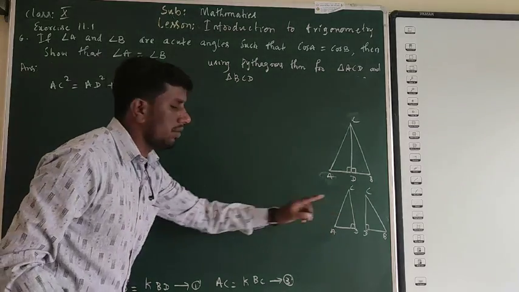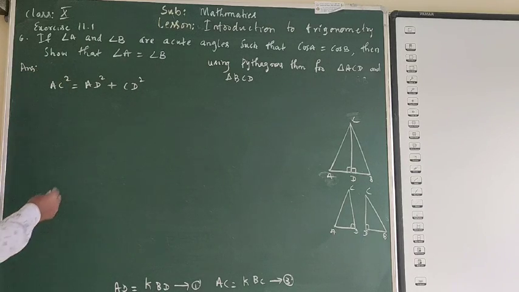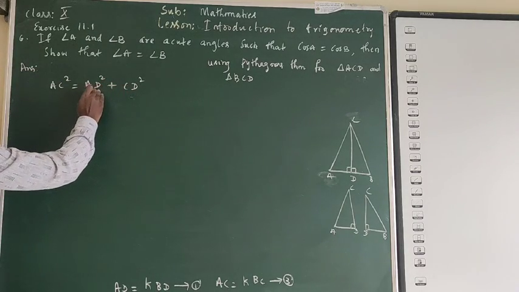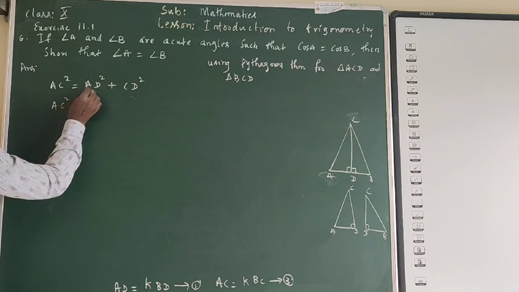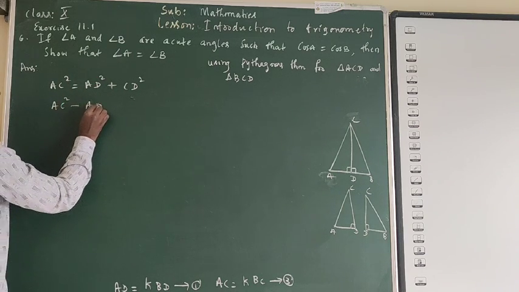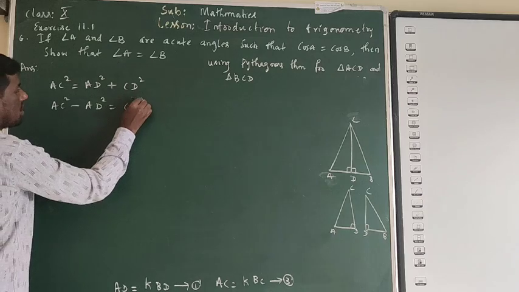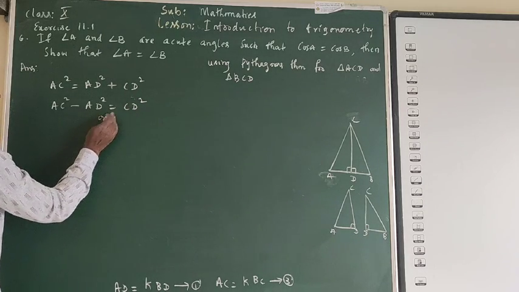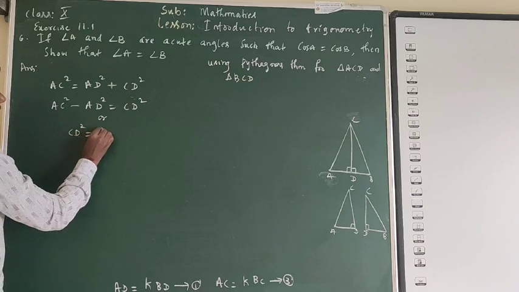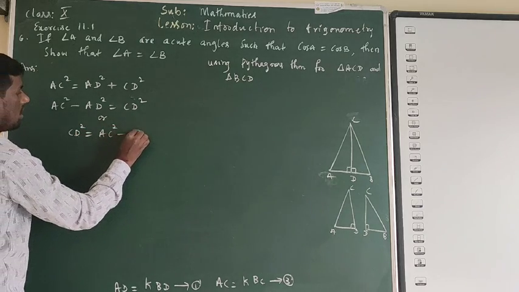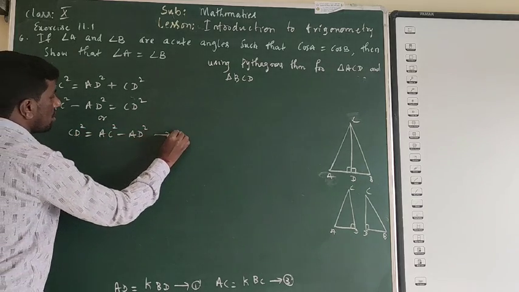If I simplify this, I will keep CD square here only and bring AD square to this side. So AC square minus AD square is equal to CD square, or CD square is equal to AC square minus AD square. Call this equation 3.